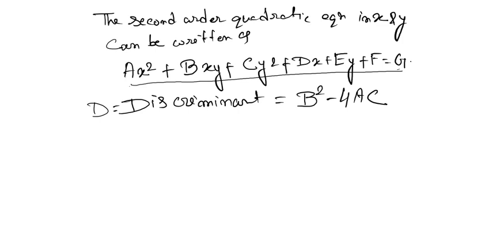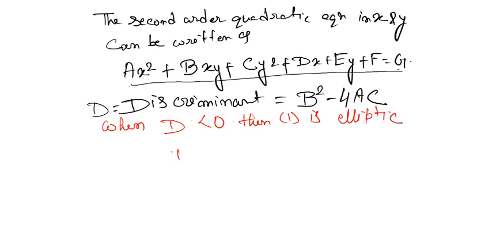Let me write it one by one. When D is negative, then equation 1 will be called elliptic.